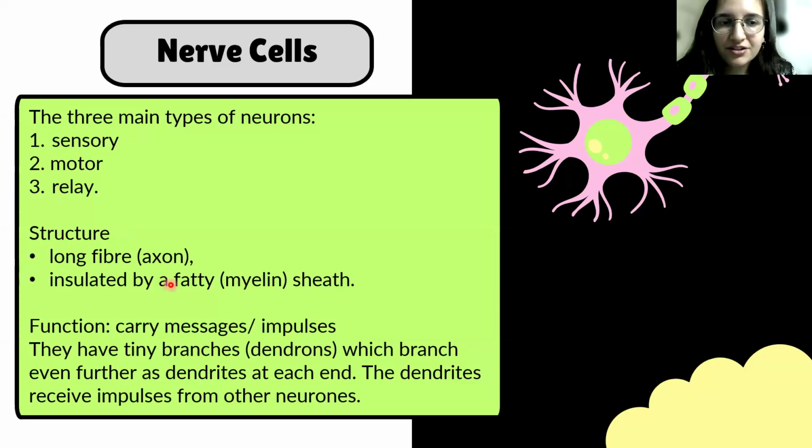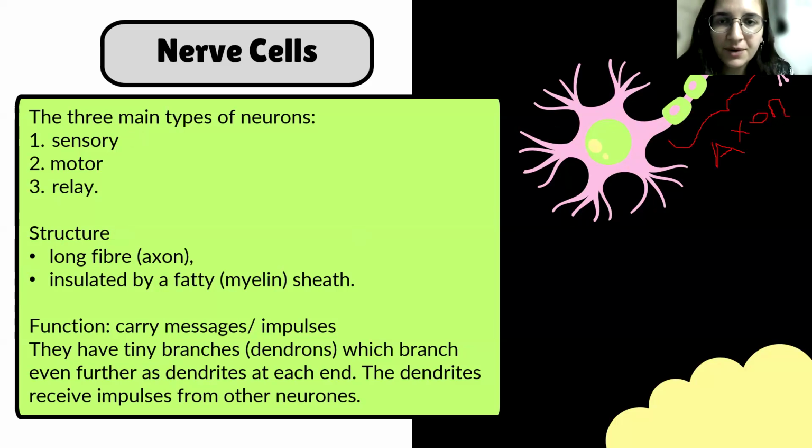Let's look at the structure of the cell one more time. So you see here, this neuron. The long fiber, this one is the axon. Let me label it for you here. This right here, this part, this is called the axon, A-X-O-N.